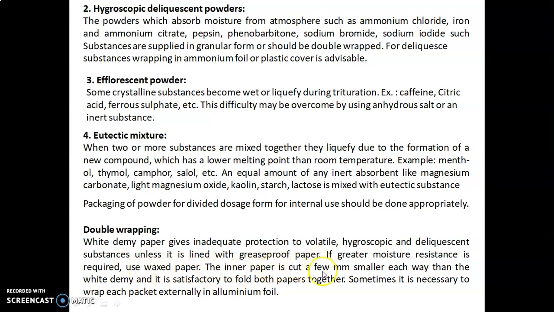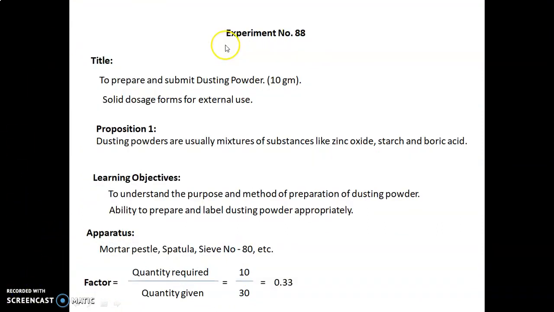The inner paper is cut a few mm smaller each way than the white demi and it is satisfactory to fold both the papers together. Sometimes it is necessary to wrap each packet externally in an aluminium foil. So in the next session we will discuss the actual experiment.